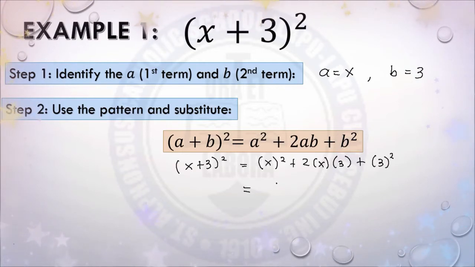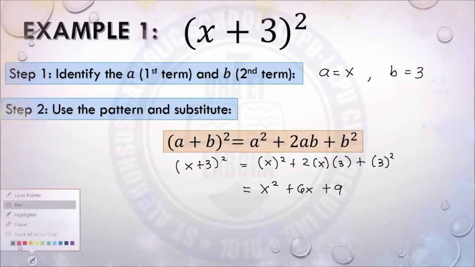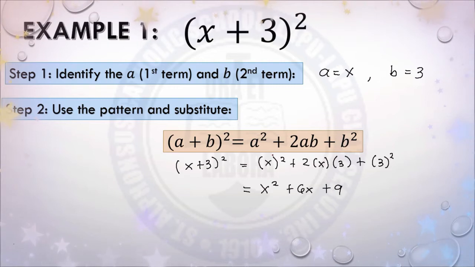Then simplify. This is x squared. 2 times x times 3 is 6x plus 9. And this is now your final answer. I want you to box your final answer.